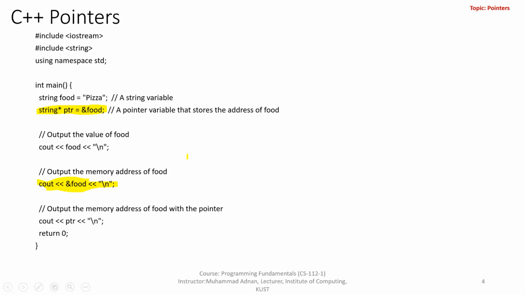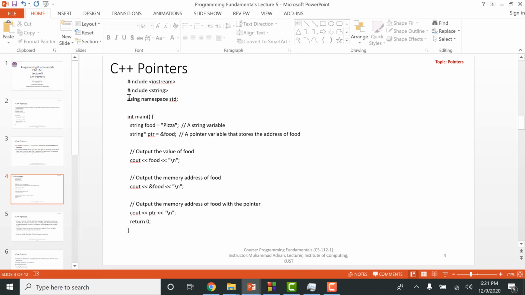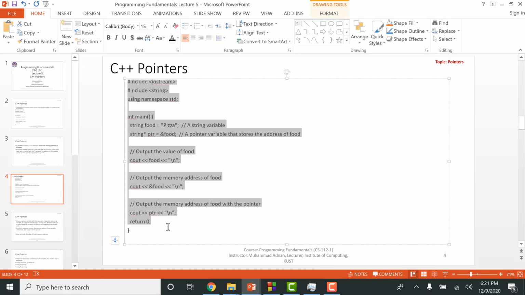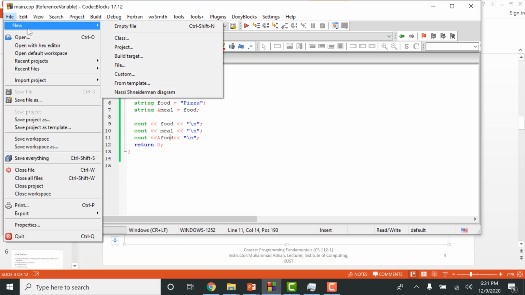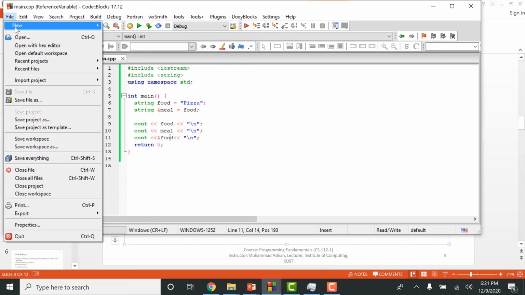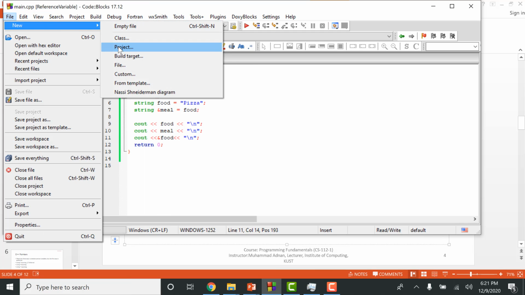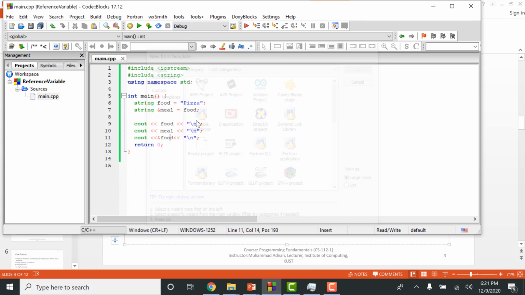So with that, I'm going to run this example, but first let me copy it. Okay, let me open Code::Blocks. Let us create a new project. Click new project, select console application.